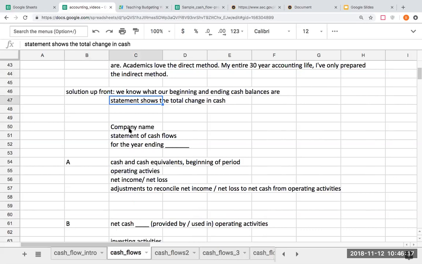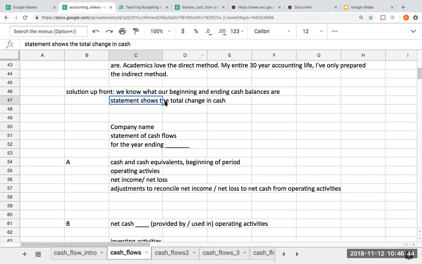My recommendation to you as you are preparing a statement of cash flows is that you go through and write everything out. I cannot tell you the importance of writing everything out as things come up when doing accounting. Practice makes perfect. You have to practice.